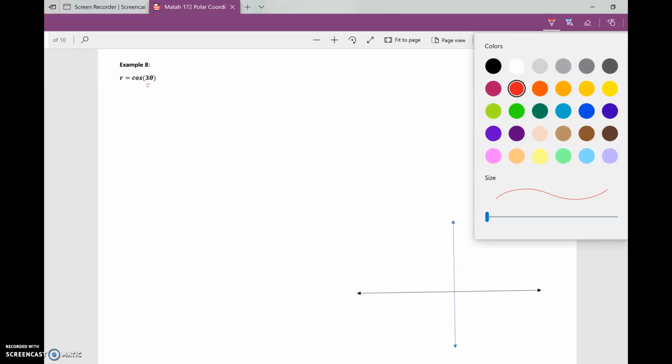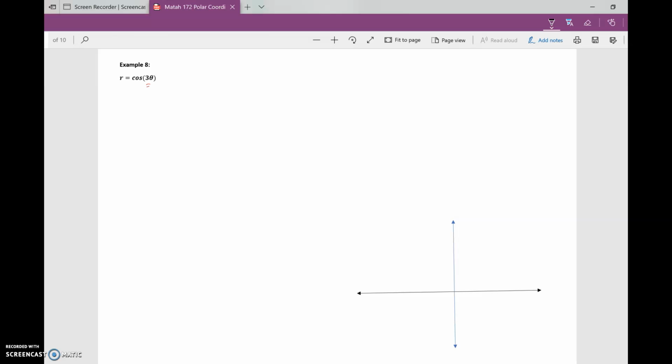Okay, so let's start by plugging in a couple of coordinate points. So same as we did before, we're going to be looking at theta, and then this will be r is equal to cosine of 3 theta. Then we're looking at r comma theta.